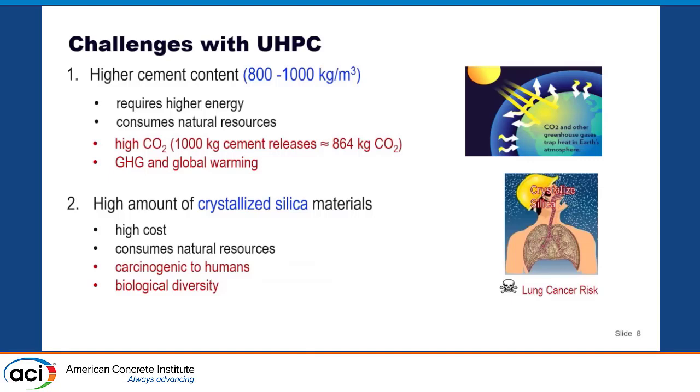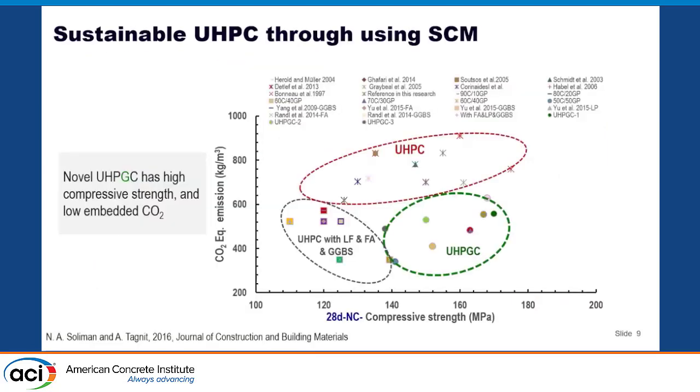A large amount of crystalline material is also costly, consumes natural resources, and can cause cancer in humans. UHPC also uses a huge amount of silica fume, which causes problems in rheology and shrinkage and increases the cost.